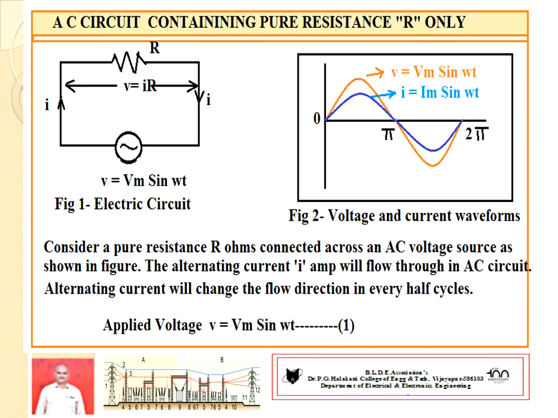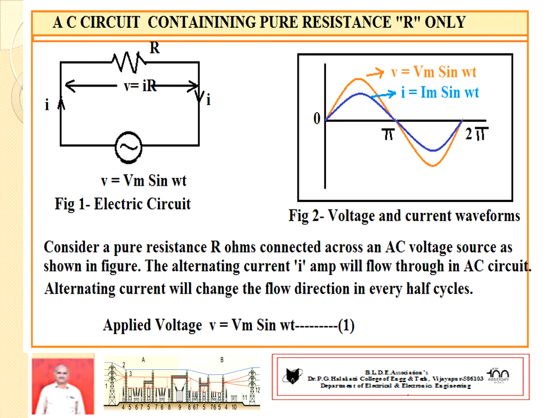So, we have to consider an AC circuit consisting of pure resistance R ohms. It is connected across an AC voltage source of instantaneous V volts. This instantaneous applied voltage is V equal to Vm sin omega t. Due to this voltage source, alternating current will flow through the load resistance.